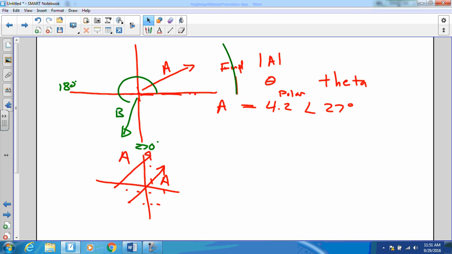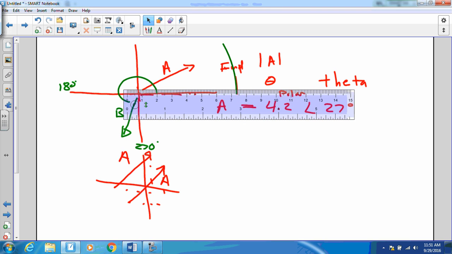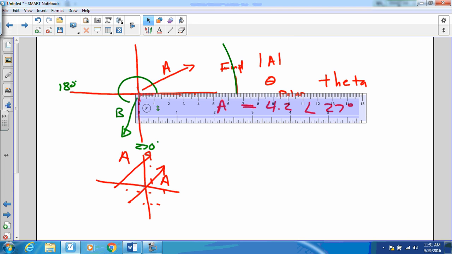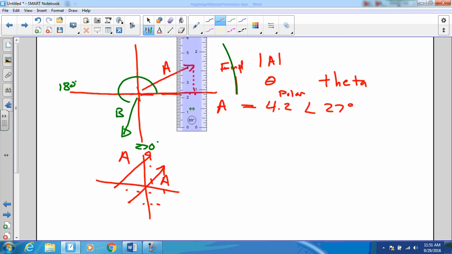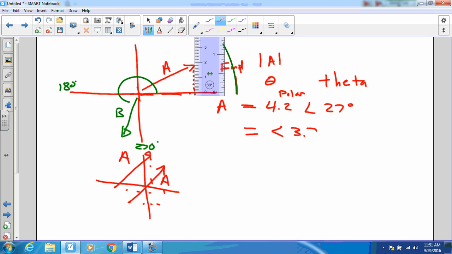I drop a perpendicular to my axis right there, and I estimate that my x component is about 3.7 and my y component is about 1.8. And so I would say that A is, in rectangular form, 3.7, 1.8.